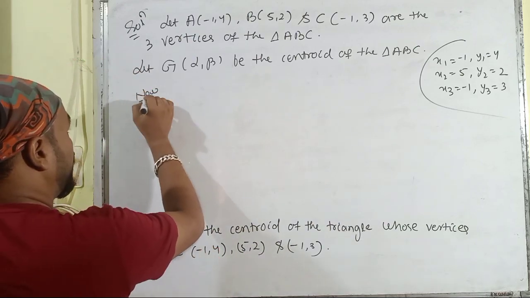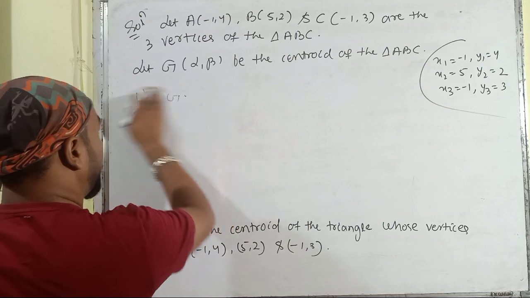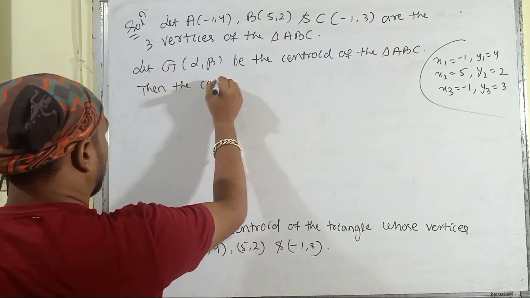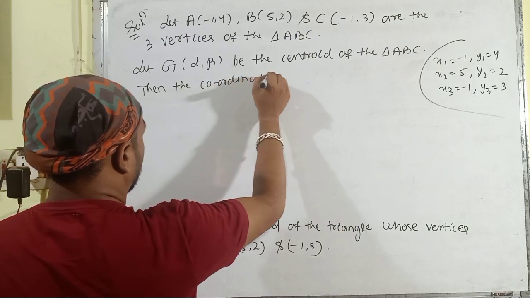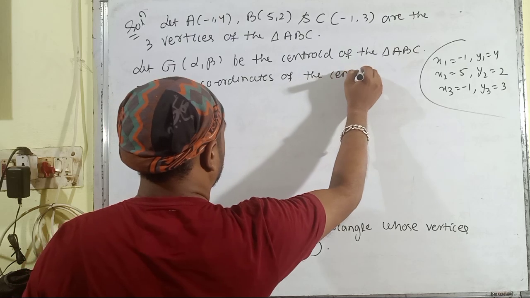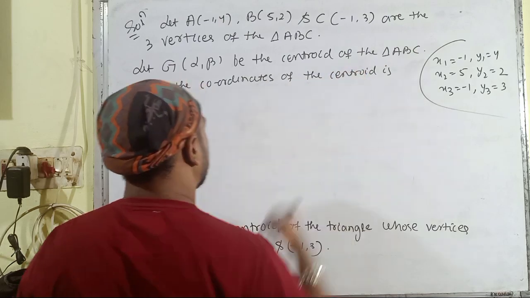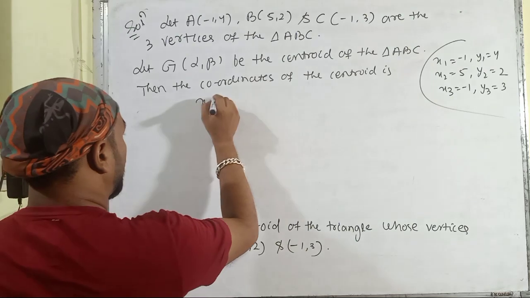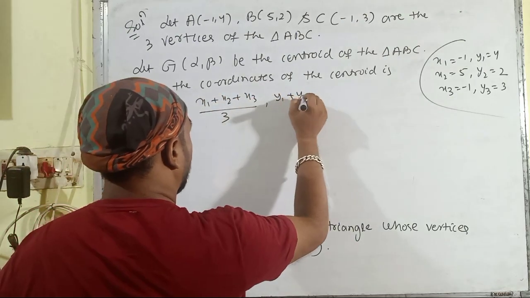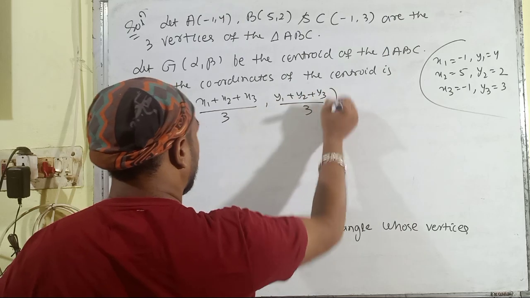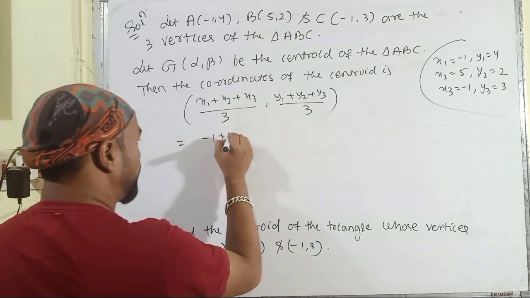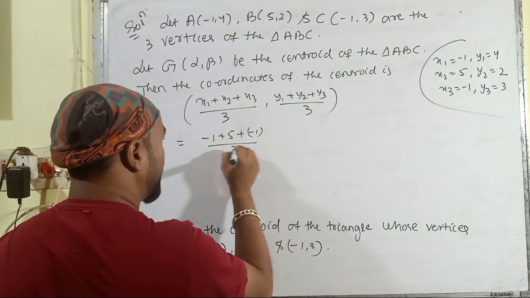Now G(alpha, beta), okay, then the coordinates of the centroid is (x1 + x2 + x3) divided by 3, (y1 + y2 + y3) divided by 3. Then it will be (-1 + 5 + (-1)) divided by 3.